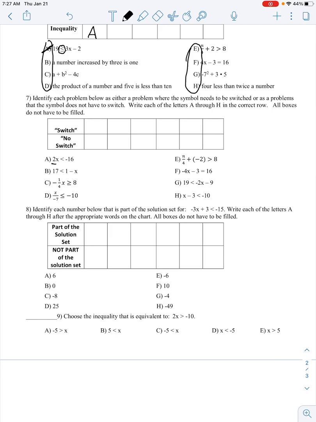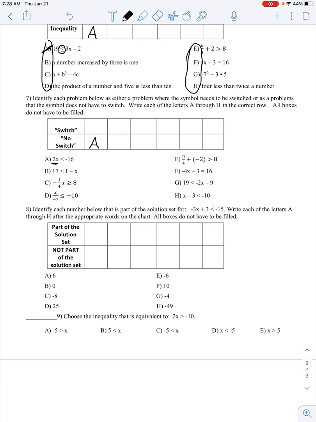So for A, we take a look and we notice that in order to solve this, we would have to divide by 2. So since we are dividing by 2 and not dividing by a negative there, then A is going to be a no switch situation there. So that is how we're going to do number 7.